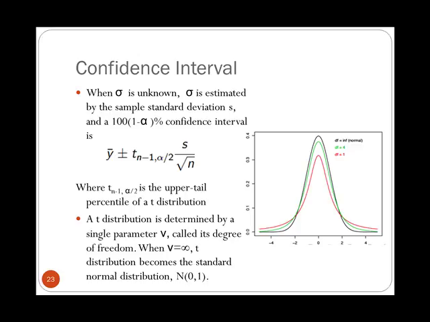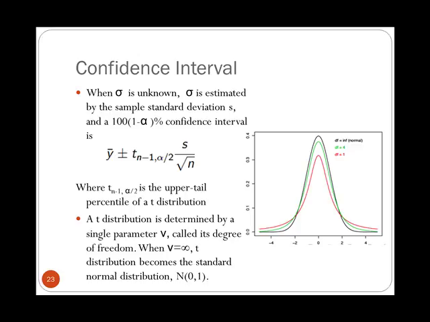In this case, the sampling distribution is a t distribution instead of the z distribution in the previous slide. A t distribution is determined by a single parameter nu called its degrees of freedom. When nu approaches infinity, the t distribution becomes the standard normal distribution.